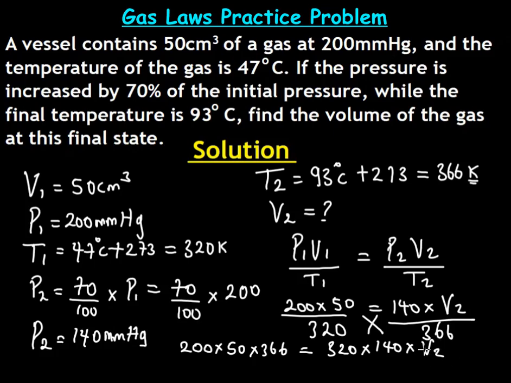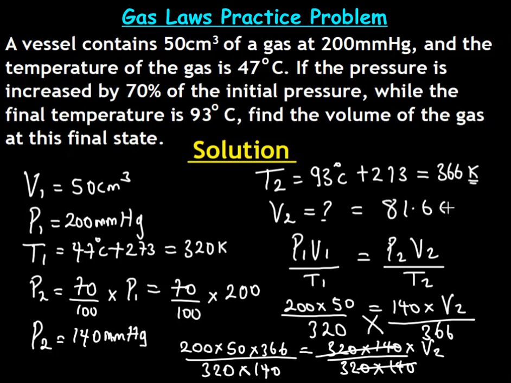Now to solve for V2, divide both sides by 320 times 140. This cancels this, and V2 stands alone. Now V2 is equal to 200 times 50 times 366 over 320 times 140, which is equal to 81.6 centimeter cube.